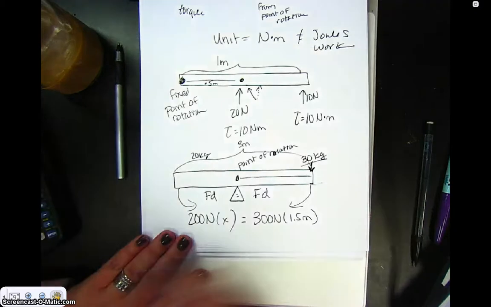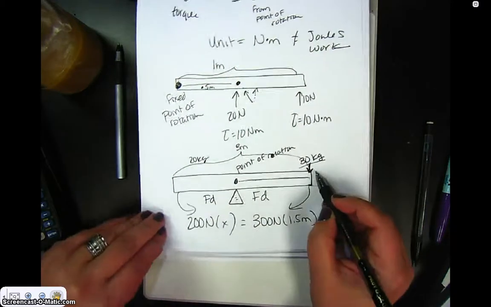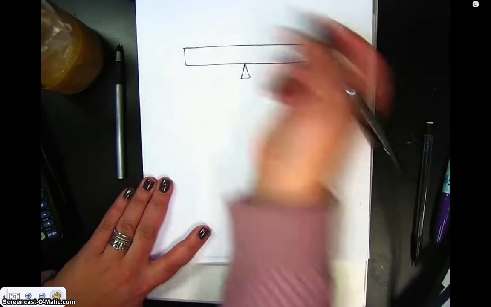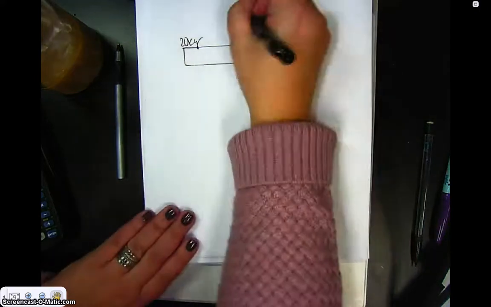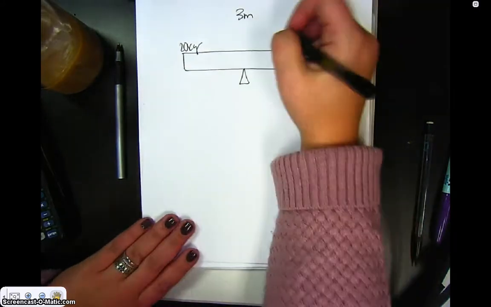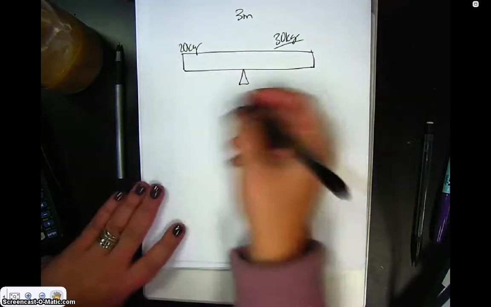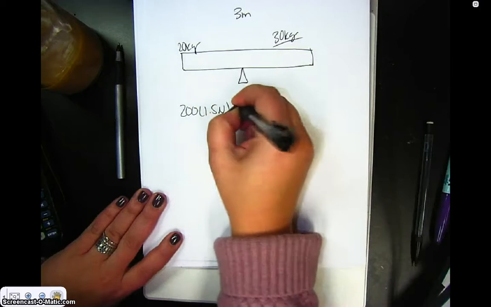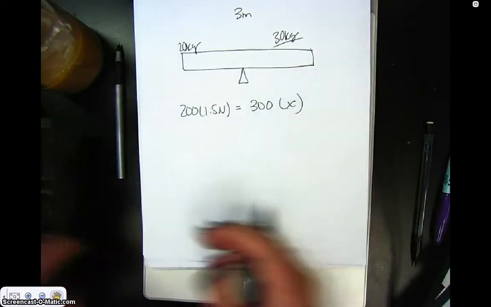Let's look at how we could move this brother. So let's say this brother's at the end, and let's see how we can move the other brother such that they would balance. So now over here we put the 20-kilogram kid on the very end of, remember, the board is 3 meters. Where would we put the 30-kilogram kid over here such that he would balance? So I would get 200 times 1.5 newtons is equal to 300 times x.